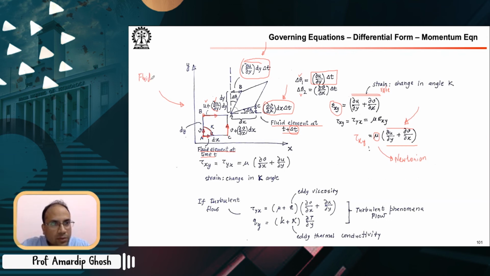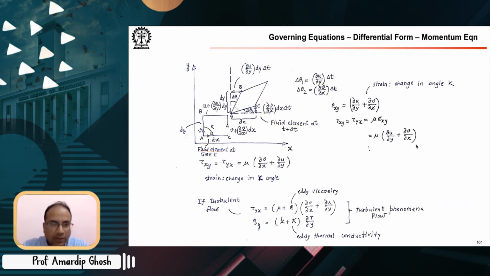This gives you the rate of deformation, which is nothing but the strain rate. So in fluid kinematics, this is the way we show the rate of strain of a fluid element, and then stress is related to the rate of strain of the fluid element, and if it is a Newtonian fluid, then it will be linearly related to the strain rate.